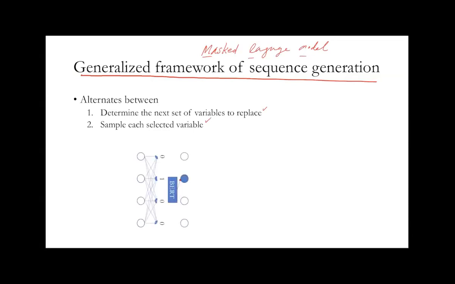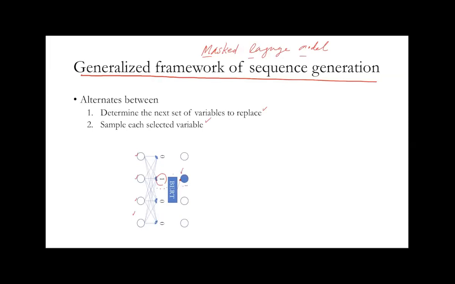So we start from an all-empty sequence, and first we're going to decide which word we're going to fill in. In this case, our model selected that the second word needs to be filled in, and then we now use BERT. So BERT is going to take as the input the entire thing, with the indication saying that the second word needs to be filled in. And then BERT is going to try to fill in the second word.